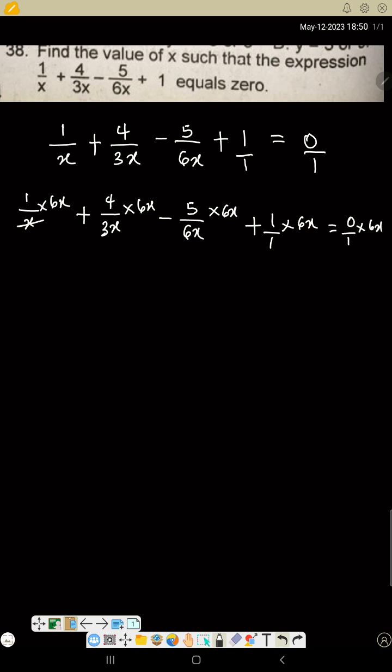So s cancels s here, so this remains 6. Plus, s cancels s, 3 here 1, 3 here 2, 4 times 2, so that will be 8. Minus, 6s cancels 6s, so this will be minus 5. Plus 1 times 6s, 6s, equals 0, because 0 times anything is 0.